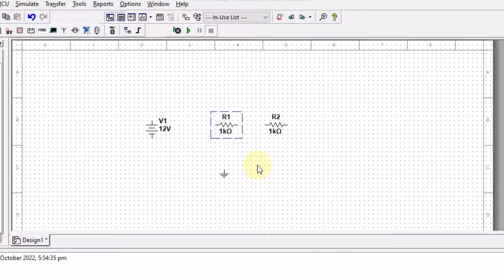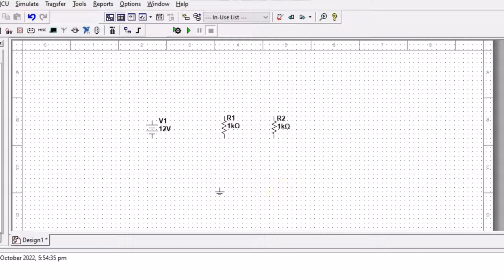In order to rotate them, I press Ctrl R. After pressing Ctrl R, I can see that these will be rotated. Similarly, clicking over it and pressing Ctrl R again, these will be rotated as well.